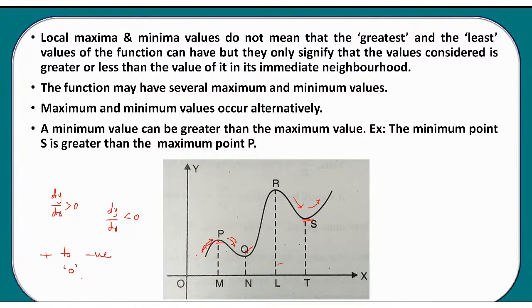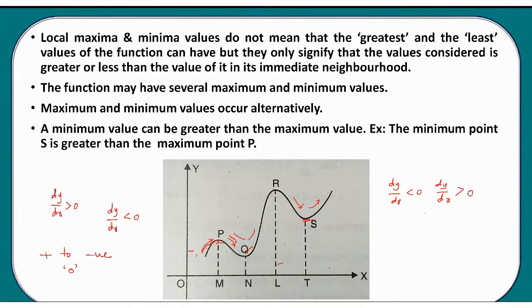Similarly, at point Q also, if you observe, it is changing from a decreasing state to increasing state. Again, when it is a decreasing function, dy by dx is less than 0. For an increasing function, dy by dx is greater than 0.